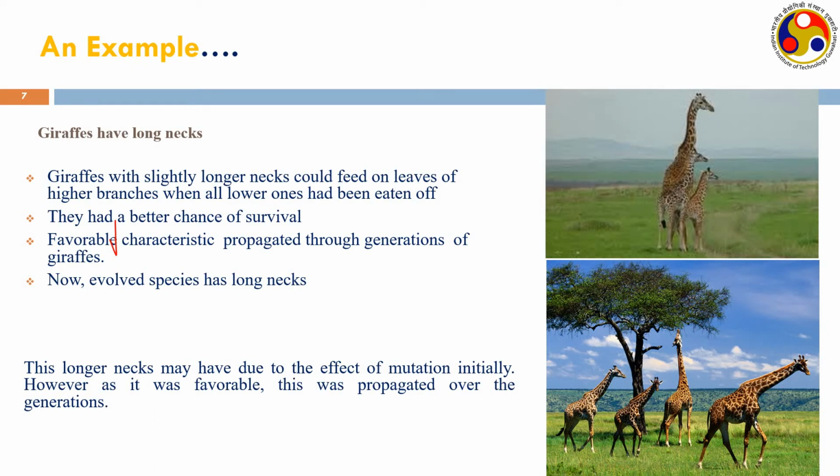However, as it was favorable, it was propagated over the generations. This favorable characteristic has been going generation to generation, and that is what you are looking at, giraffes with longer necks. I can give you another example problem.